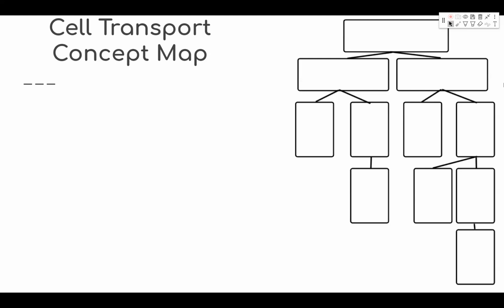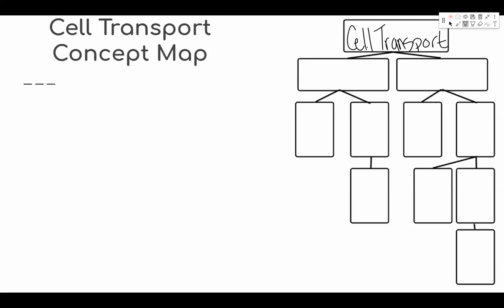So, this whole thing, all of the stuff we've talked about since we started passive transport a while ago, all boils down to cell transport. And there are two types of cell transport.